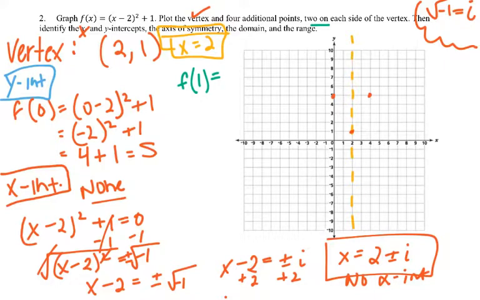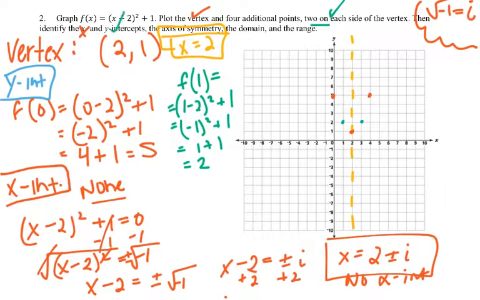So f of 1 is going to be equal to 1 minus 2 squared plus 1, which is equal to negative 1 squared plus 1, which is equal to 1 plus 1, which is equal to 2. So I end up getting the point 1, 2, and then the mirror image of that would be 3, 2. So I've taken care of my 2 points of each side.